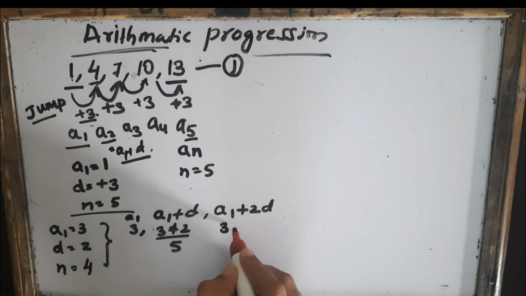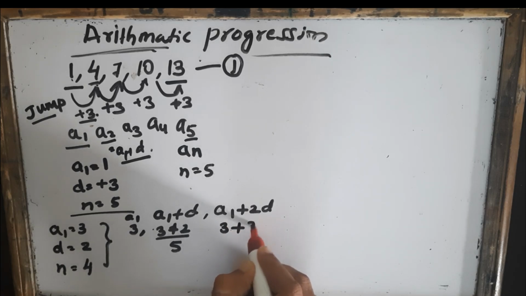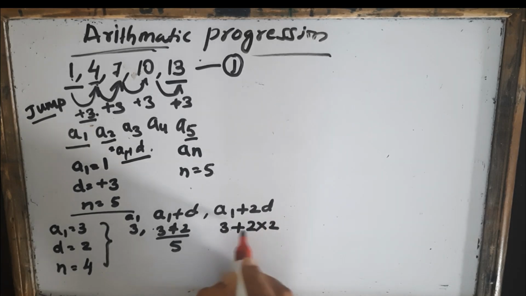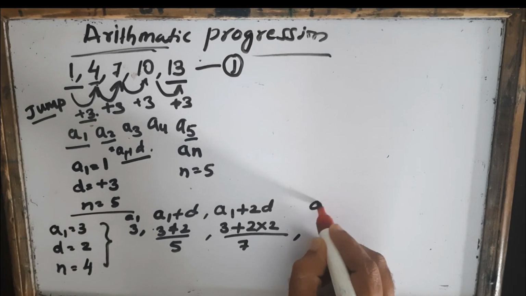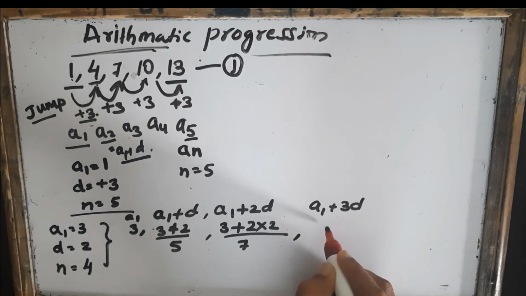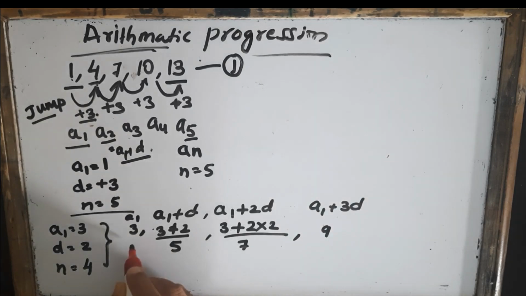So A1 is 3, 2 into D is 4, so 3 plus 4, 7. Like this, the next element would be A1 plus 3D, that comes to 9. So 3, 5, 7, 9.